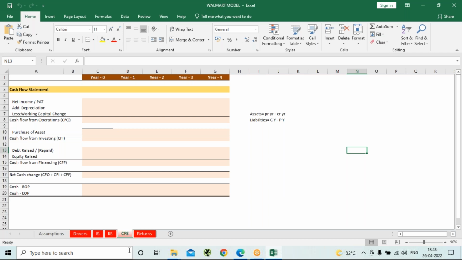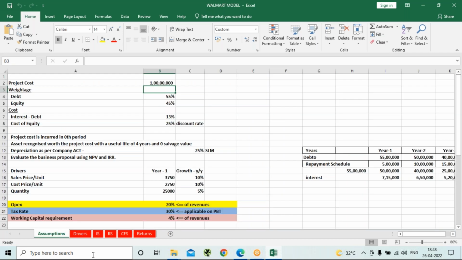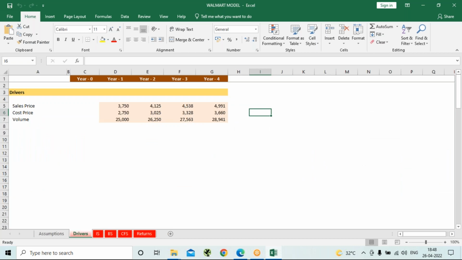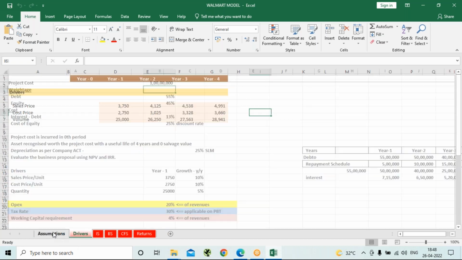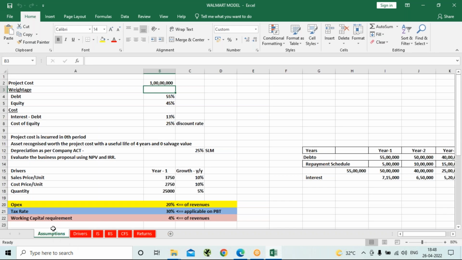Okay. So in the last class, we saw the assumptions, the details related to this retail business, and on this basis we calculated sales values. We incremented the sales price by 10%, cost price by 10%, and quantity by 5%.